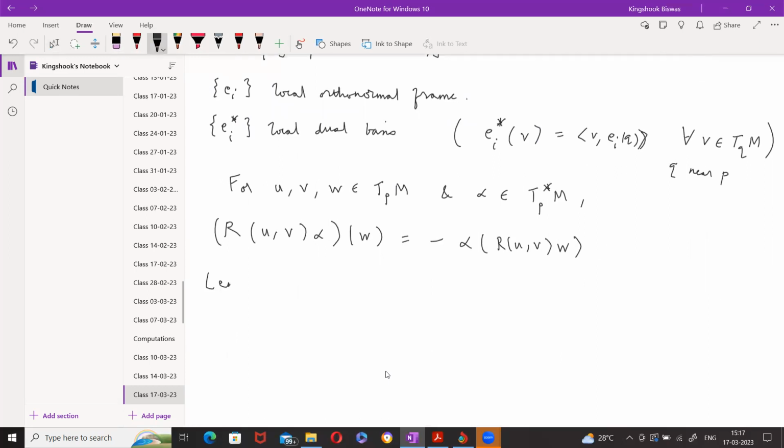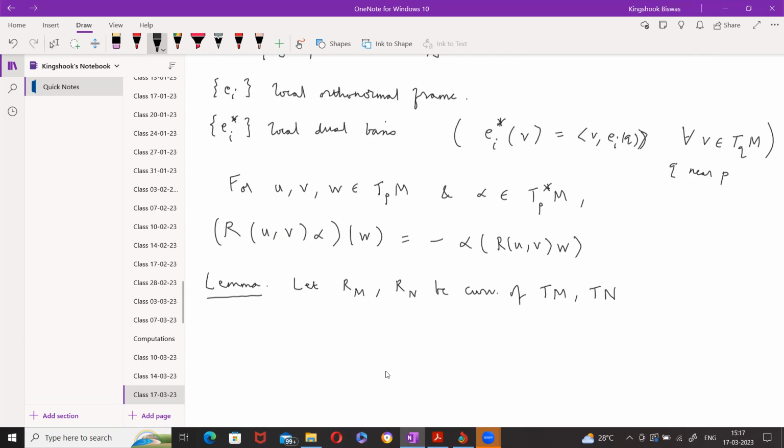Using this, we can prove the following lemma. Let R^M and R^N be the curvatures of TM and TN for the Levi-Civita connection.